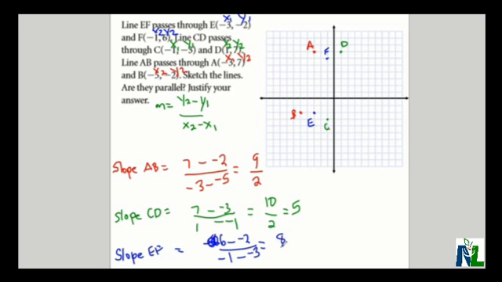That is 8 over 2, which equals 4. As you can see, the slopes of these lines are not the same, therefore they are not parallel.